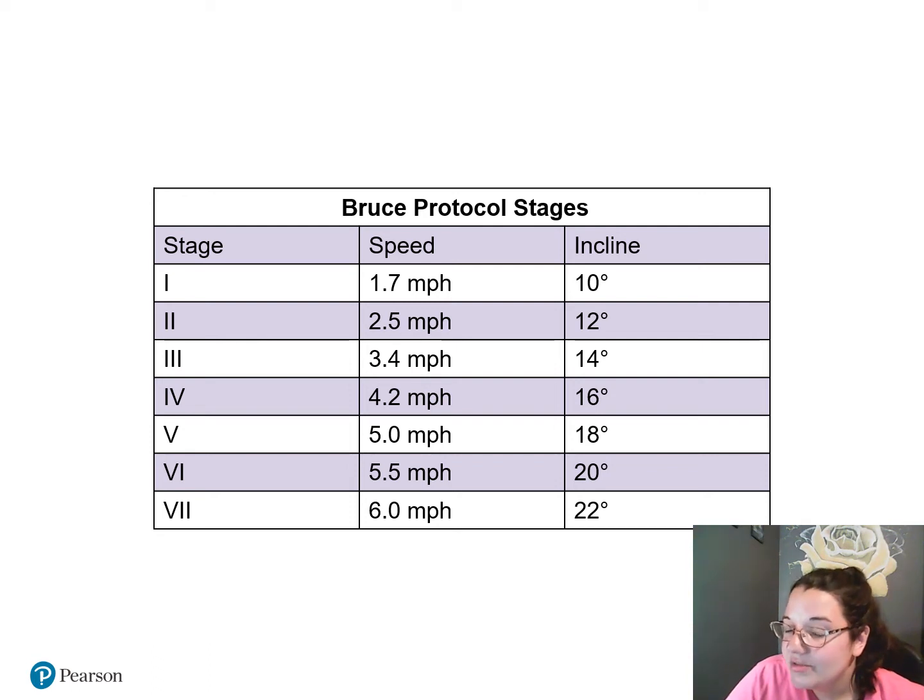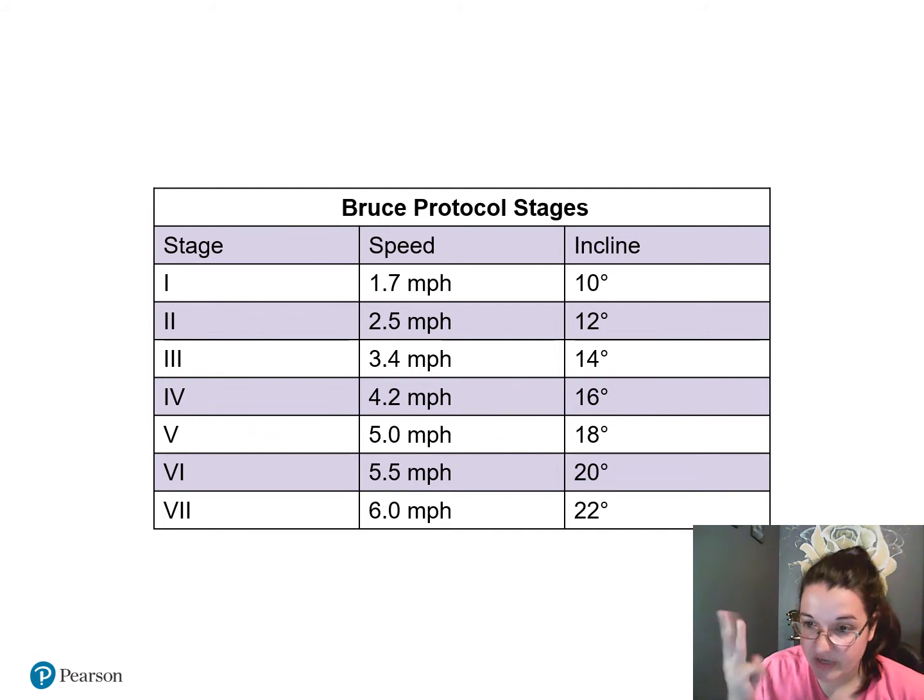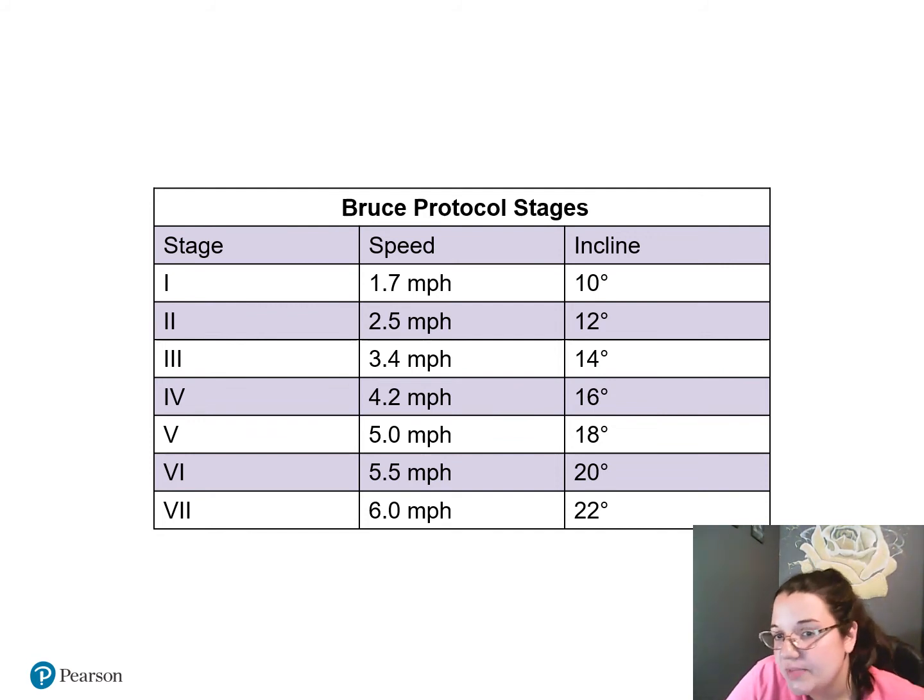Well, how long do we wait until the frequency changes? 3 minutes, right? So then in 3 minutes, we're going to change the speed. We're going to increase it to 2.5, and we're going to incline it to 12 degrees. Well, now we're having a brisk walk going on. Stage 3, the next 3 minutes, we're going to get up to 3.4 at 14 degrees.